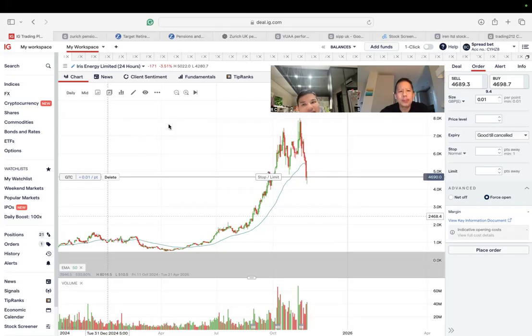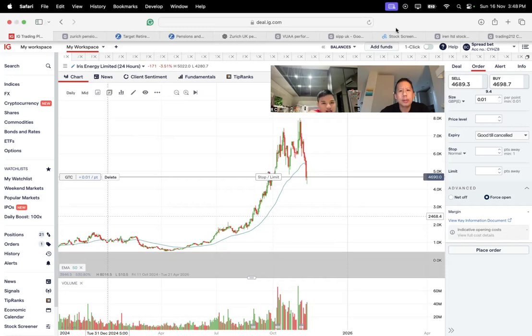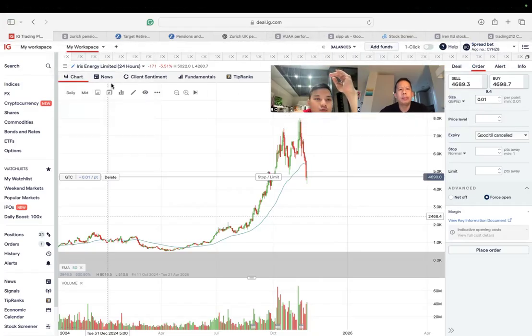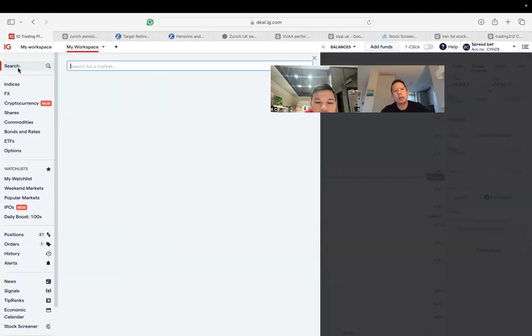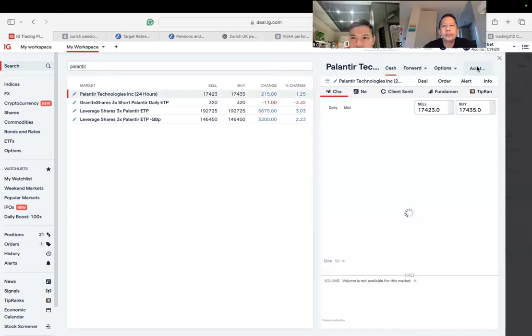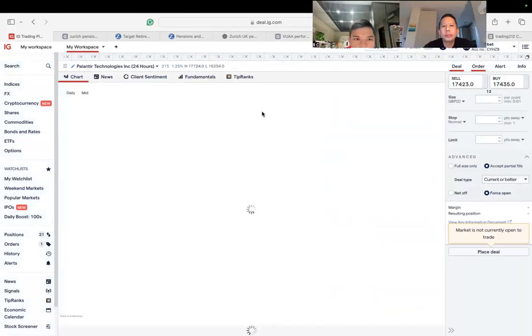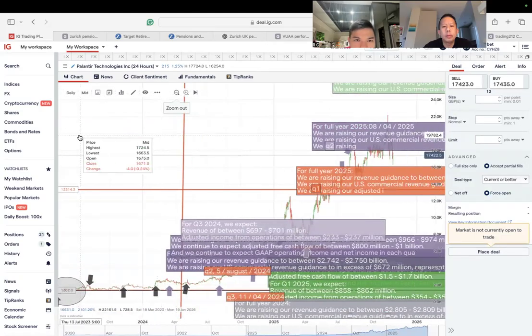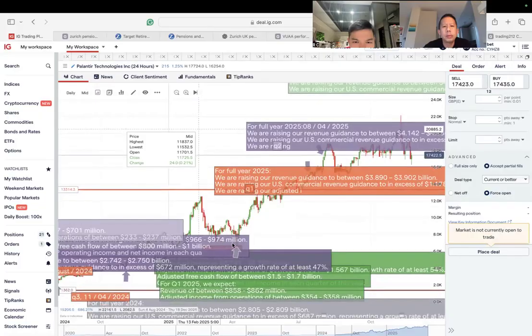With that strategy, a really powerful strategy, you can see that you make 5 times, 7 times your money. Let's say we go into Palantir at the moment in time. Lots of our students got on it during the extreme fear at the bottom in April.